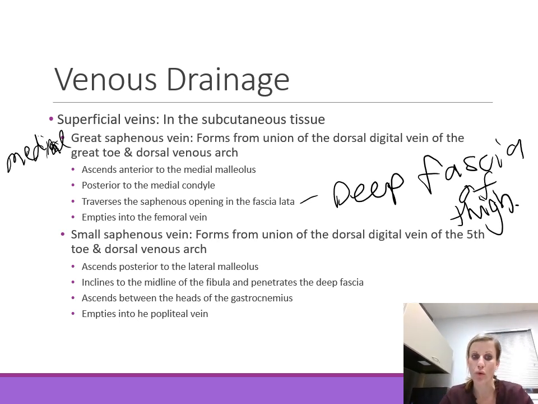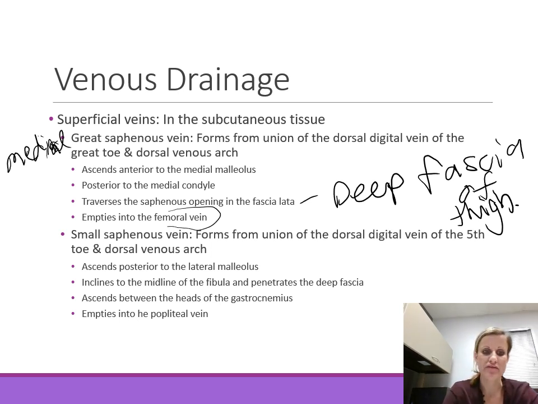So up until this point, the great saphenous vein has been located superficially, right, in the subcutaneous tissue. And then in the thigh, it goes deep. It goes through the saphenous opening in the fascia and then empties into the femoral vein.